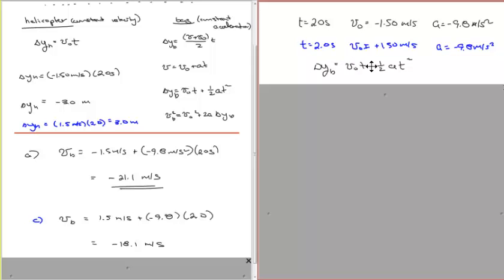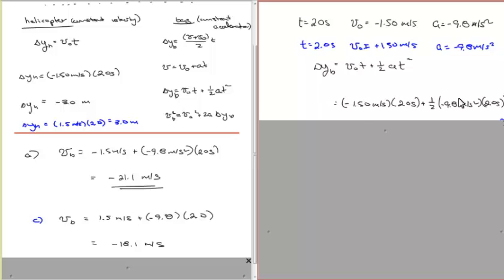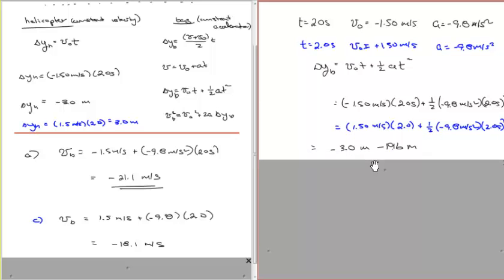Negative 1.5 times 2, plus 1/2 times negative 9.8 times 2 squared. And if you do that, you find out the displacement of the bag, which is the black one: this part's negative 3, this part's negative 19.6 meters.